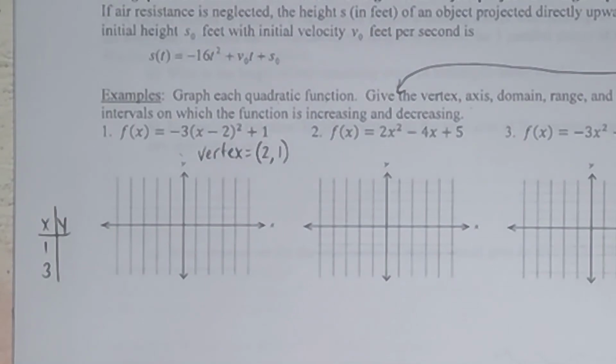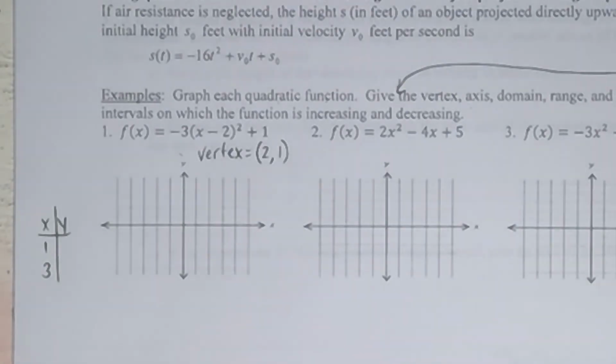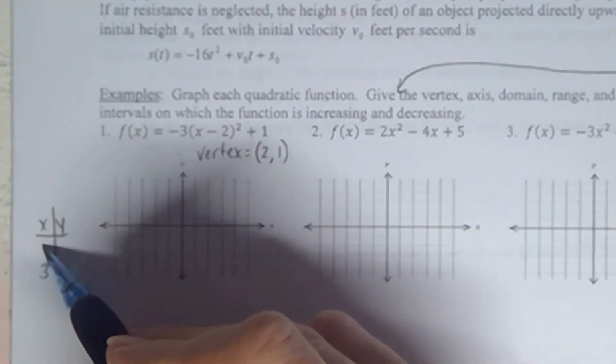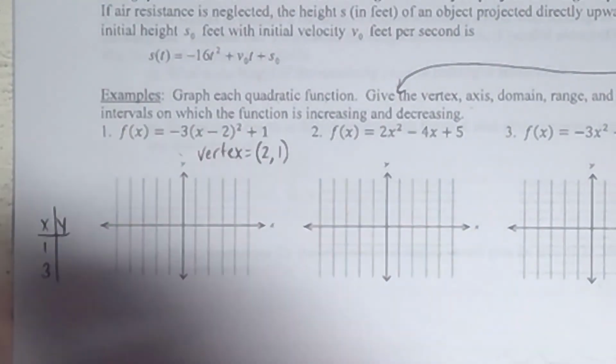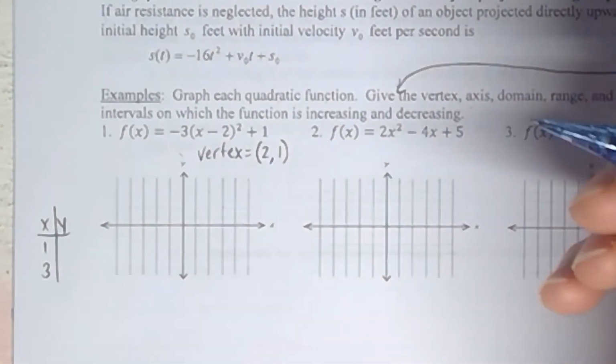If, for example, the vertex had been at 4, then you'd choose, say, 3 and 5. Okay, 1 on each side. That'll be fine. What's cool about this, though, is that both of these numbers are going to give you the same answer. So you only need to plug in one of them, and then the other one will automatically be the same answer.